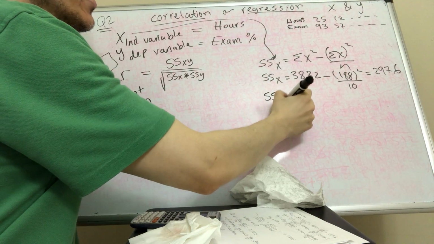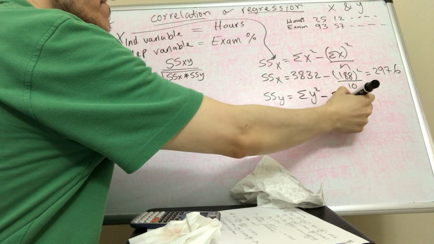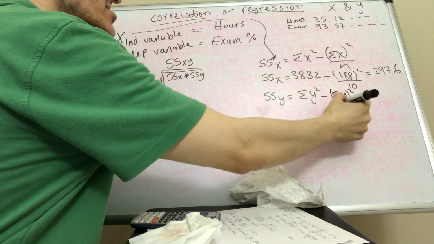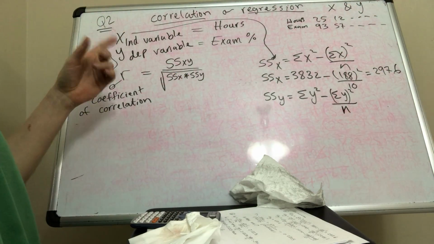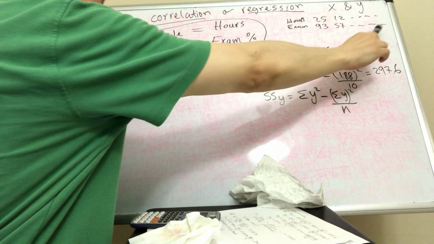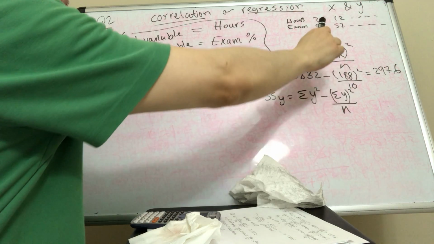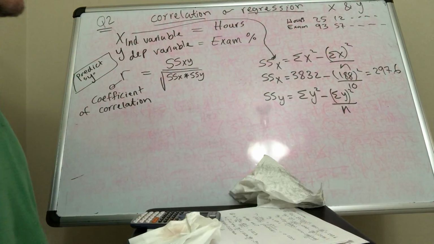You also do the SSY, which is pretty much the same formula but for y. And since y is exam, you're going to add them all up. You're going to square each one of them and then add them all up.